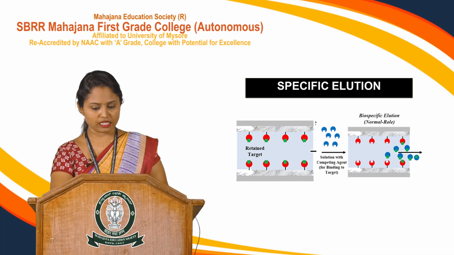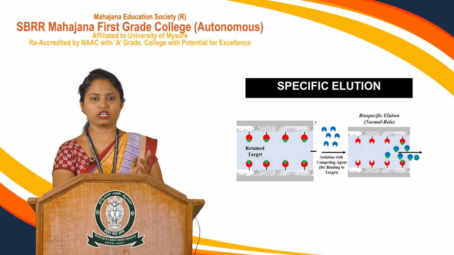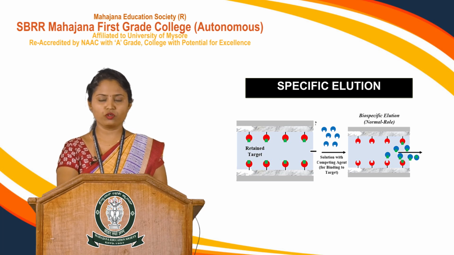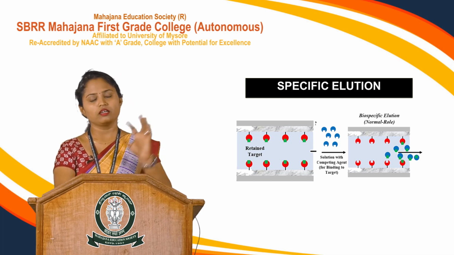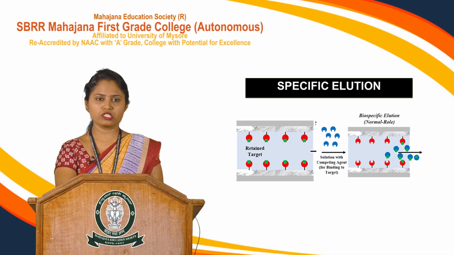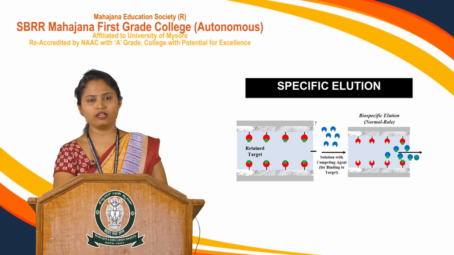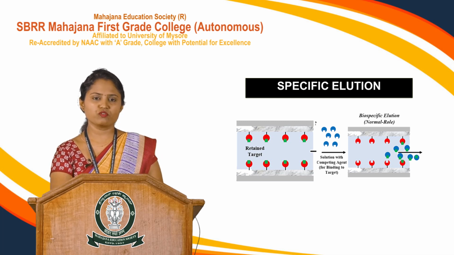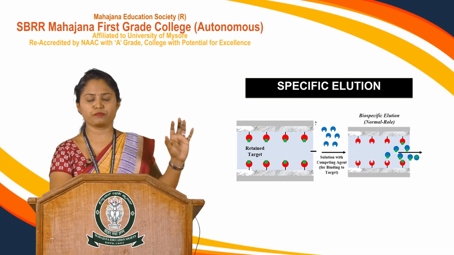You can look over the slide, wherein the first picture again represents the bound ligands after the chromatographic run, wherein the molecules which have affinity have bound to the ligands. Now, you can treat it with specific molecules which have higher affinity than the previously added ligands. Suppose you are using enzymes, you can use enzymes which have similar functions and higher affinity than the previously added enzyme for the same substrate.